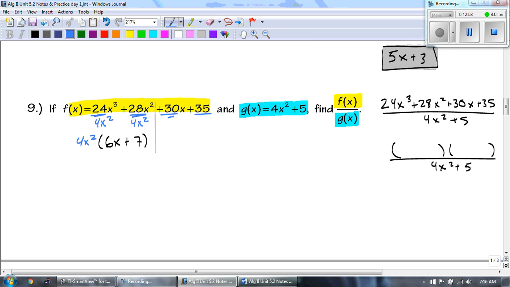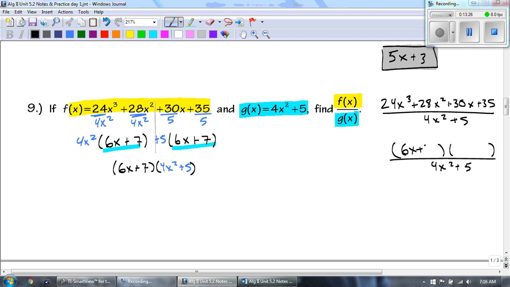In the back, 30 and 35, you can factor out a 5. And then we get 6x plus... not 6x plus 5, 35 divided by 5 is 7. Just like we wanted to, these match, which means we did it right. So I have 6x plus 7 and 4x squared plus 5.